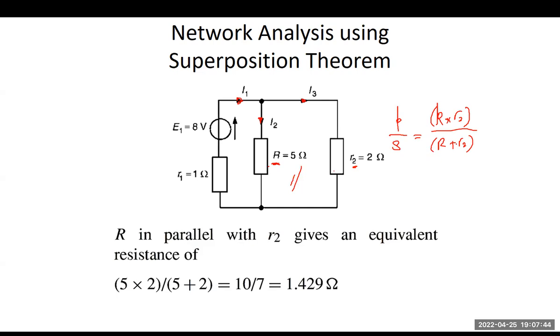We have 5 multiplied by 2, which is 10, over 5 plus 2, which is 7. So we have 10 over 7, and the equivalent resistance is equal to 1.429 ohms.